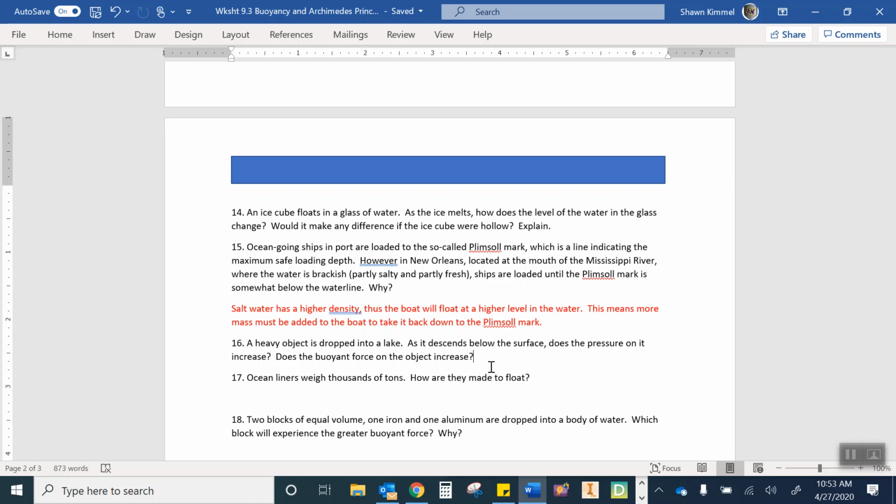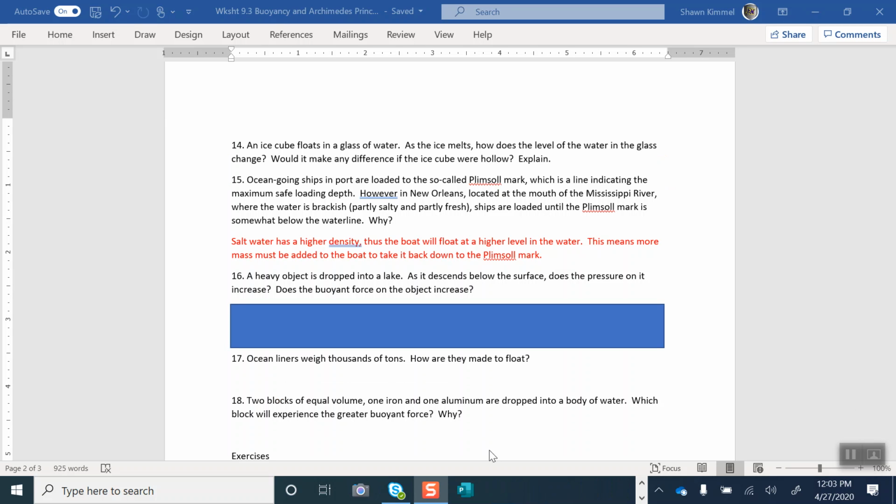What's going to happen to the density as we get out into the ocean? That density is going to increase even more. So that's why they load it to a mark that's slightly below the Plimsoll mark, because as they go out to the ocean, the water gains density, which makes the ship float at a higher level.